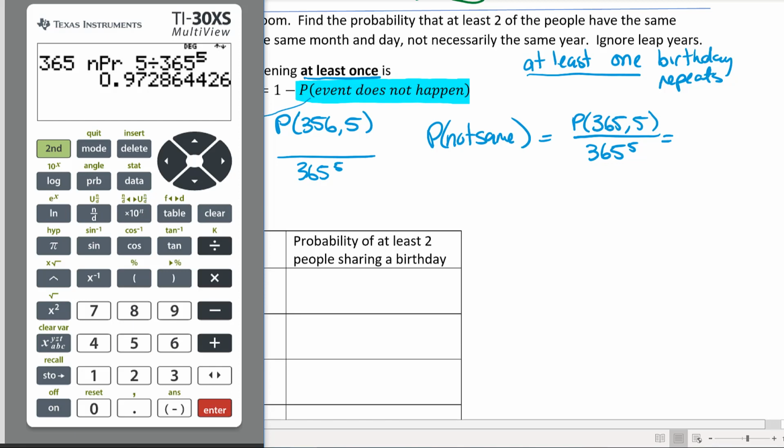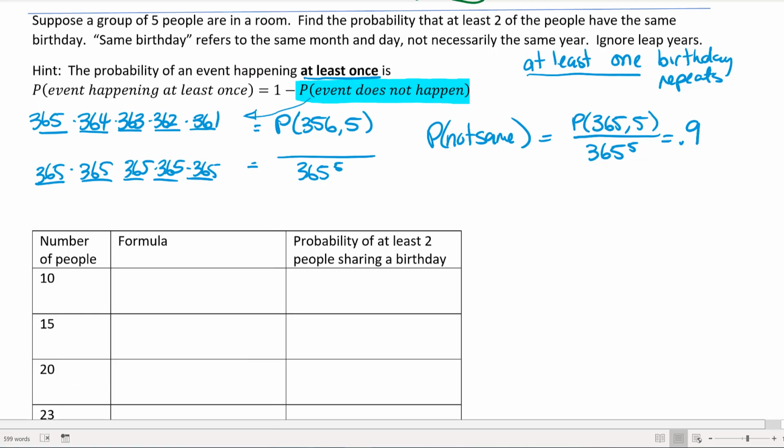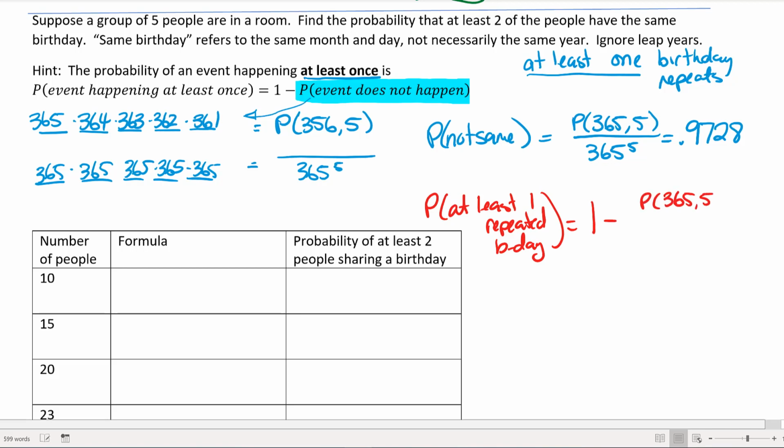And that is going to get us 0.9728. So therefore, I am now looking for the probability of at least 1 repeated birthday, which is going to be 1 minus the permutation of 365 choose 5 over 365 to the 5th.